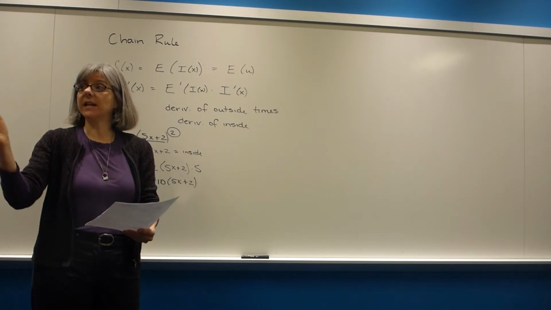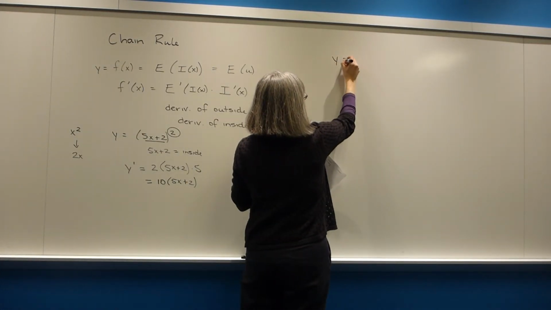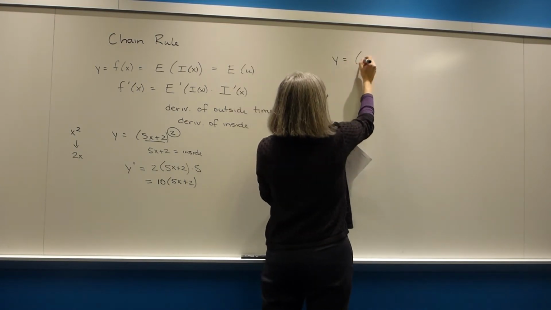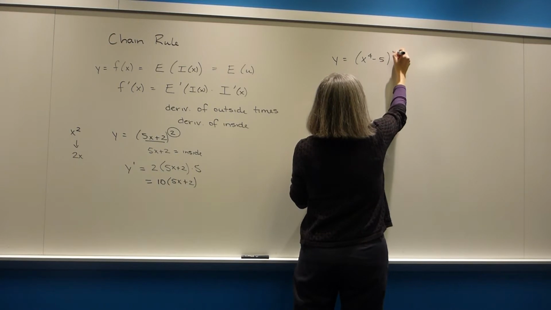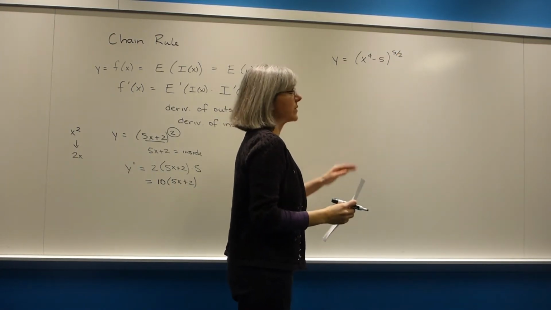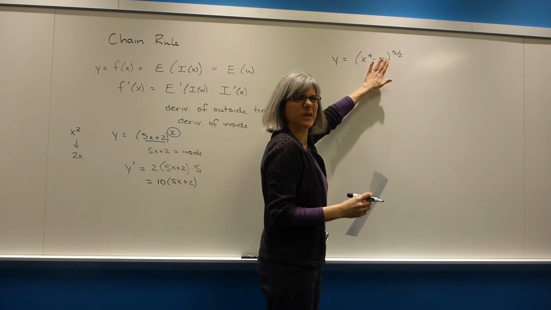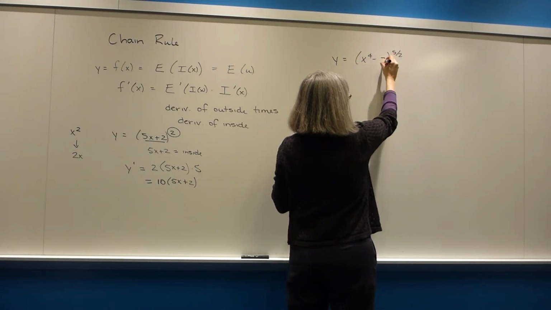So let's keep going, because yes, we are going to combine rules. So let's look at this one. You have y equals x to the 4th minus 5. Again, I was trying to use different numbers, and I didn't. Can I really change this to a 7? I want to change this number to a 7 because it kind of disappears.